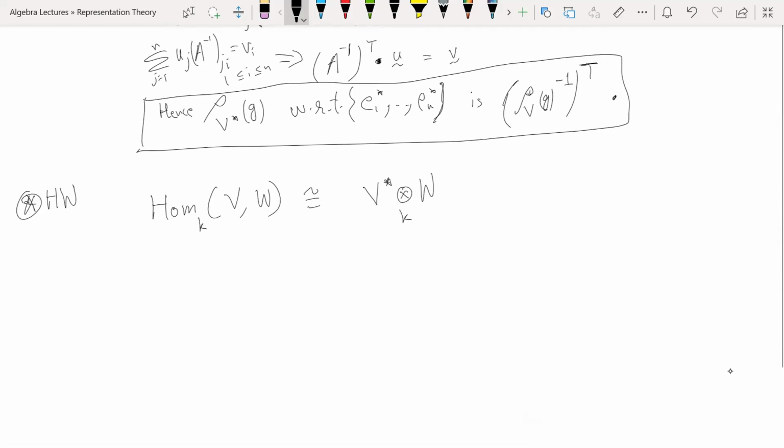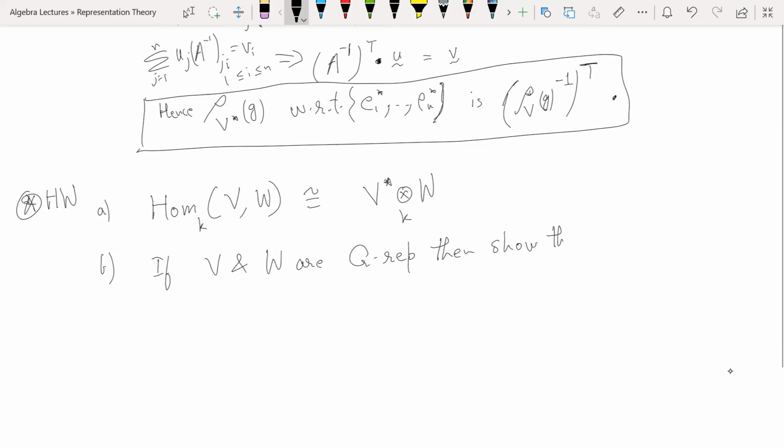So homework is this isomorphism, first as vector spaces, and then part B will be: if V and W are G representations, then show that it is isomorphic in some natural way.